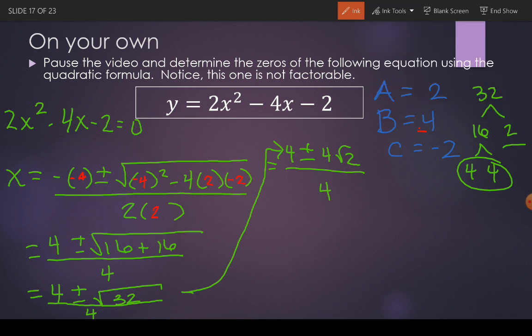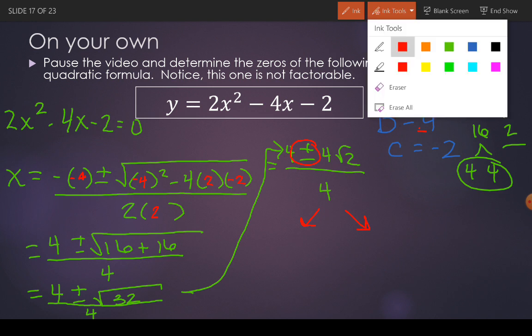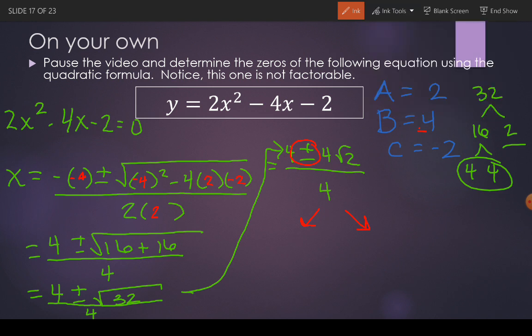Remember, this here tells us we have to split it into 2 equations. So we'll have 4 plus 4 root 2 over 4. And we'll have 4 minus 4 root 2 over 4.